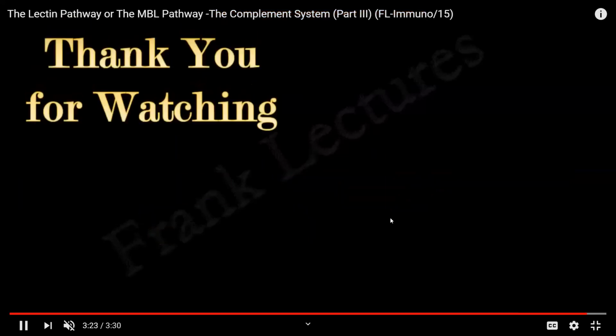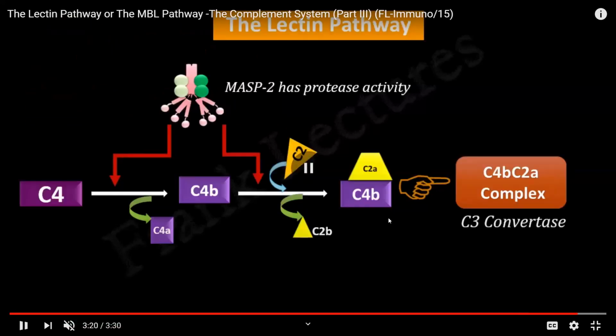After that, what happens? We have stopped till here. Next, this C3 convertase which forms will start cleaving C3 protein whenever it comes to it. Then it will continue the same way as we studied in the alternative pathway.